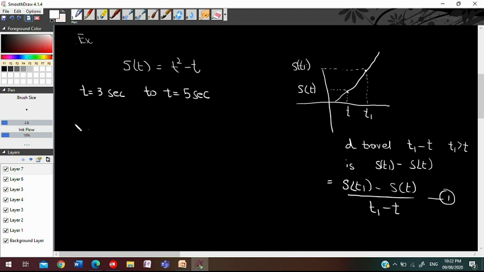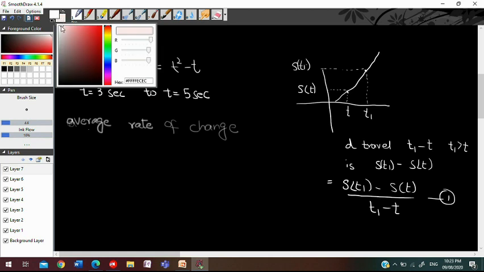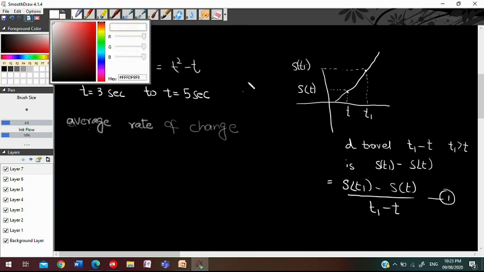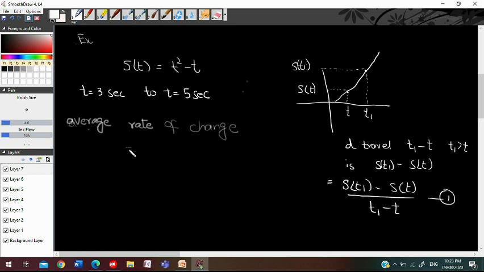So if we use the formula for average rate of change, now average rate of change is equal to s of t1 minus s of t divided by t1 minus t.